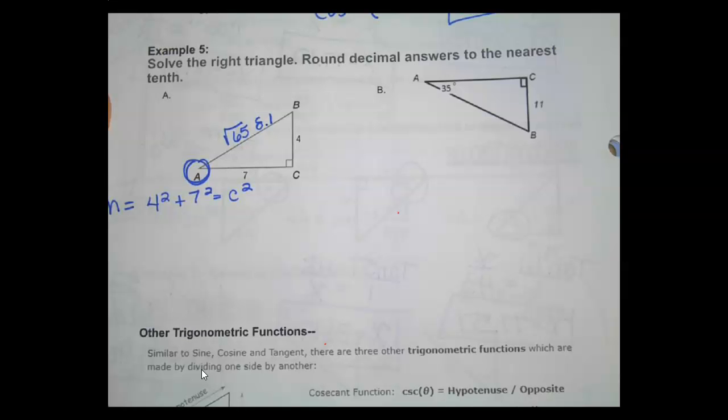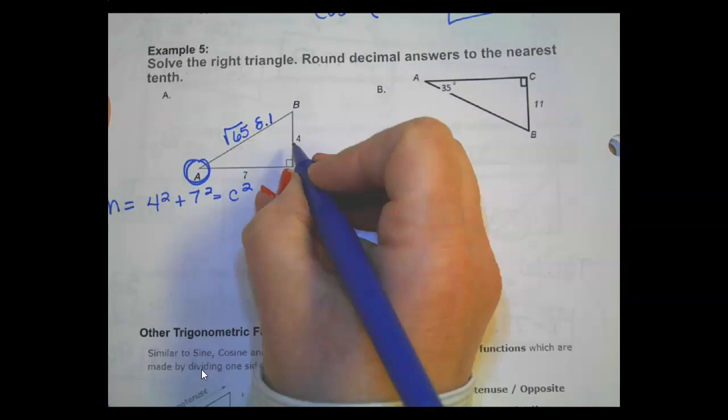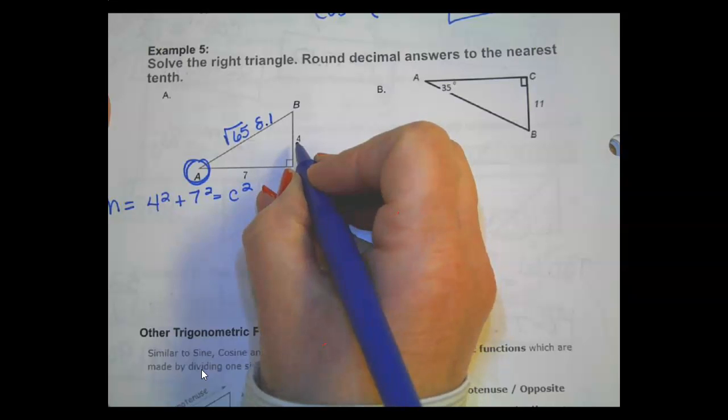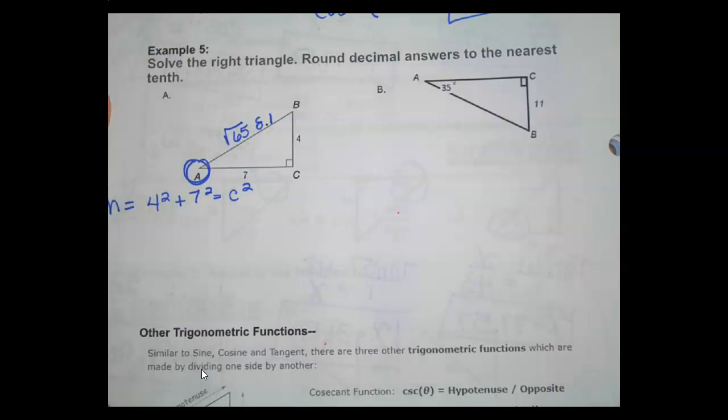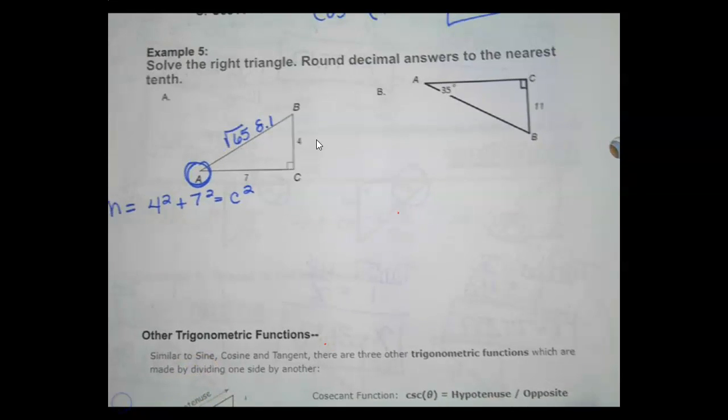Round decimals to the nearest tenth. Okay, so I know my opposite. I'm going to stop here because this does not make sense to me. I don't know what we're looking for. I feel like we're missing something.